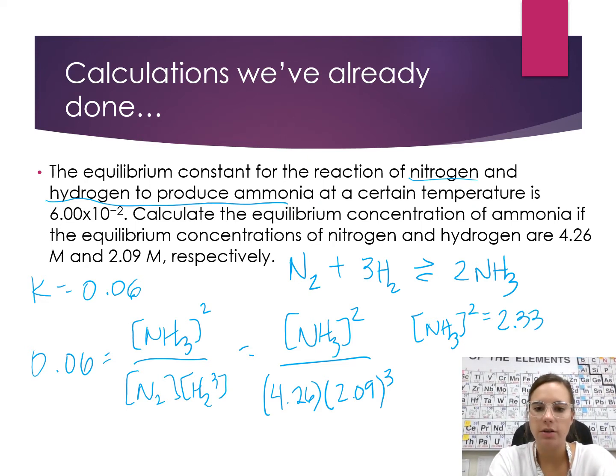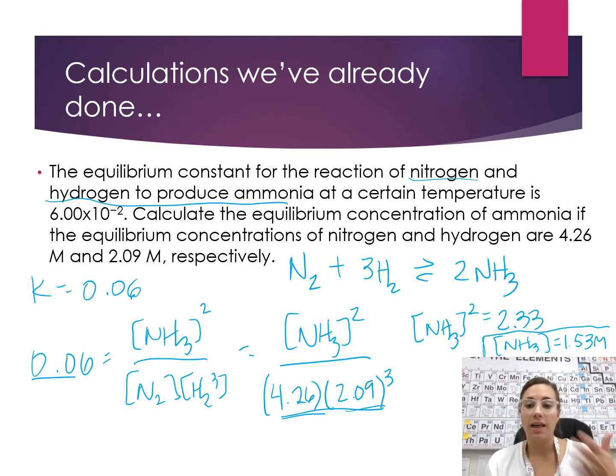So I just cubed this and multiplied by this and then multiplied that by 0.06. So then when I take the square root, I get that the concentration of NH3 is equal to 1.53. So again, nothing tricky at this point. We've already done all of this.